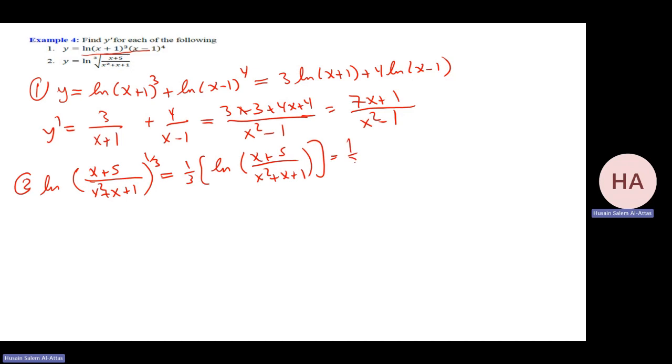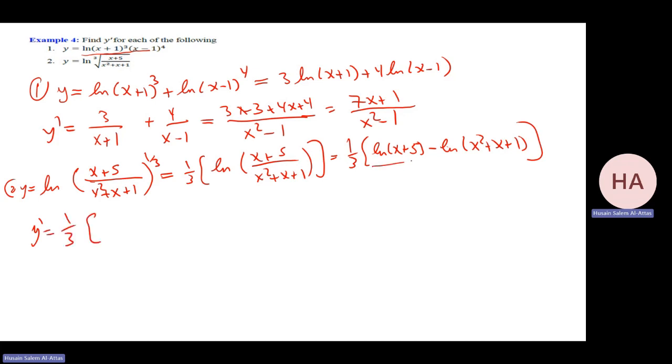And that will be 1 over 3 ln (x plus 5) minus ln (x squared plus x plus 1). Now we'll do the derivative. All of this is y only. I did not do any derivative. So it will be y prime, 1 over 3, just a number, times the derivative of this. What's the derivative of this? 1 over x plus 5.